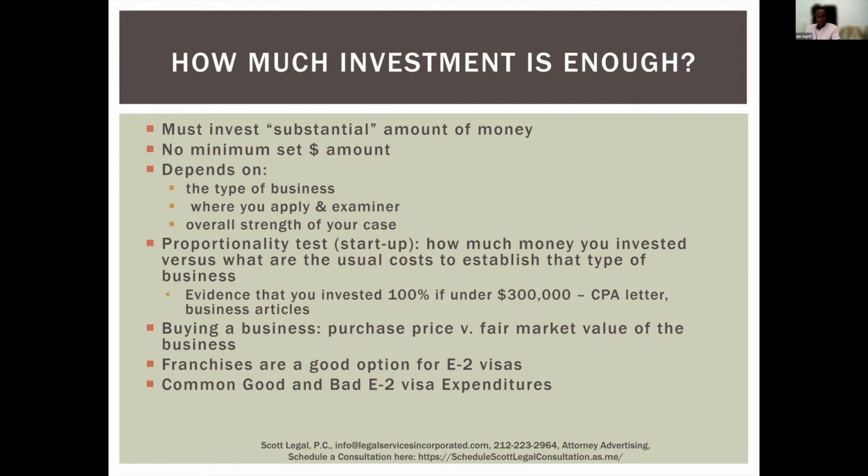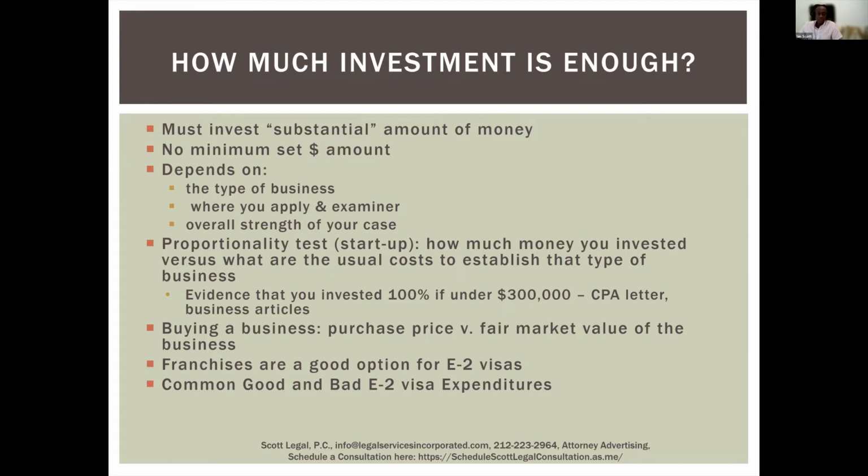And if you have those things, then perhaps you can go in with a lower investment amount. But notwithstanding any of this, even if your business is a consulting business, we do recommend that you have at least $40,000 worth of expenditures that you've made before you apply.